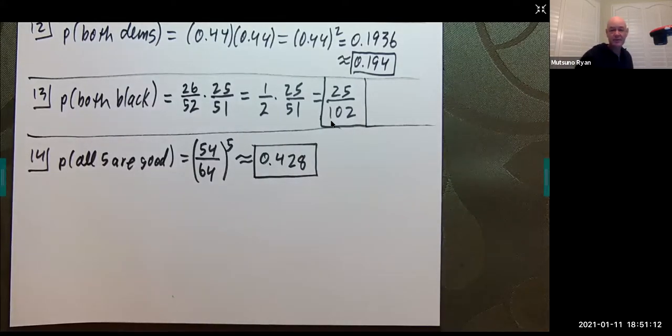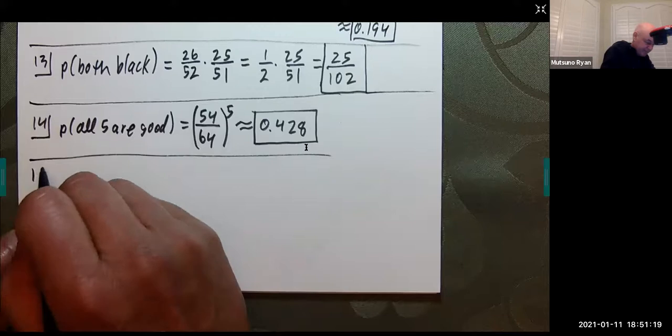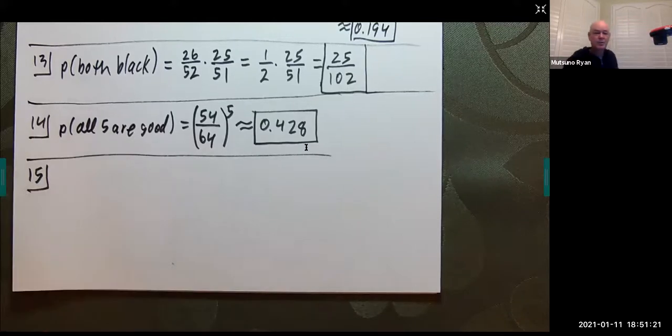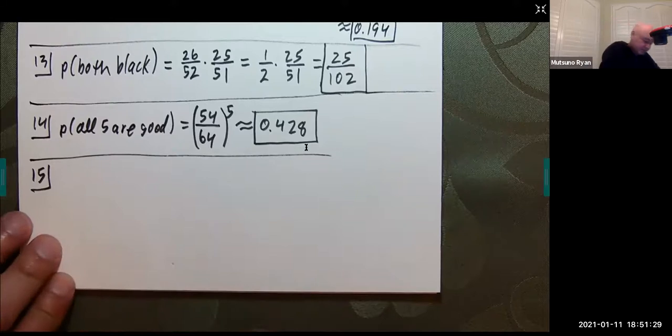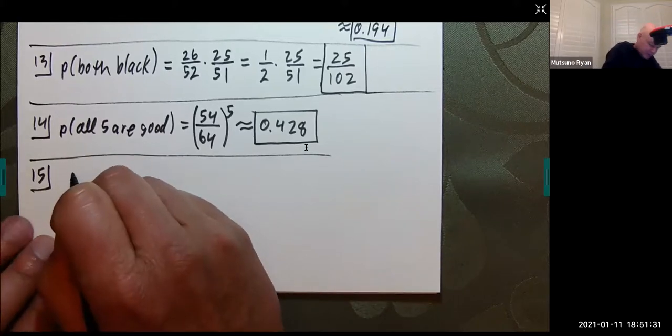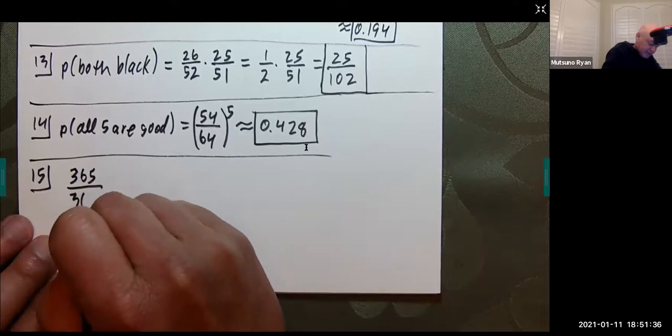And the last one for this particular video is number 15. What is the probability that 4 randomly selected people all have different birthdays? Well, there's 365 days in a year. We're assuming it's not a leap year. So the first person has 365 choices out of the 365.